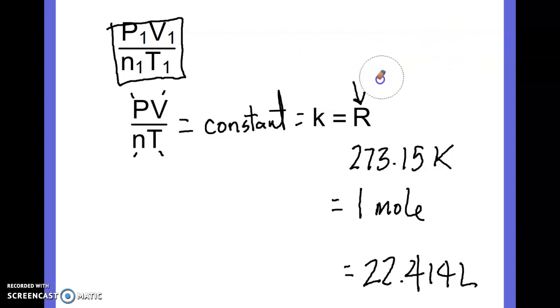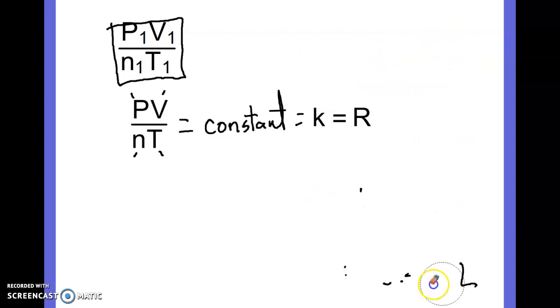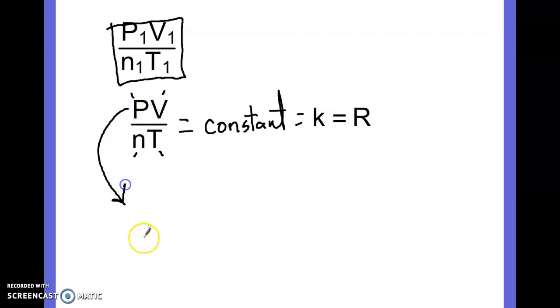What you're going to do first on that worksheet is calculate the R value for these different pressures. So if we take standard pressure, let's say we're doing kilopascals first, 101.325 kilopascals.